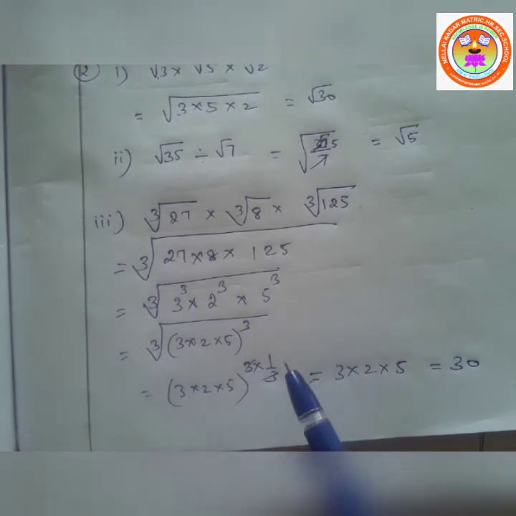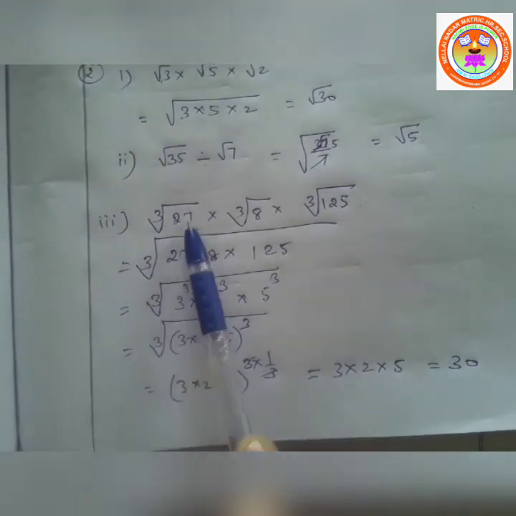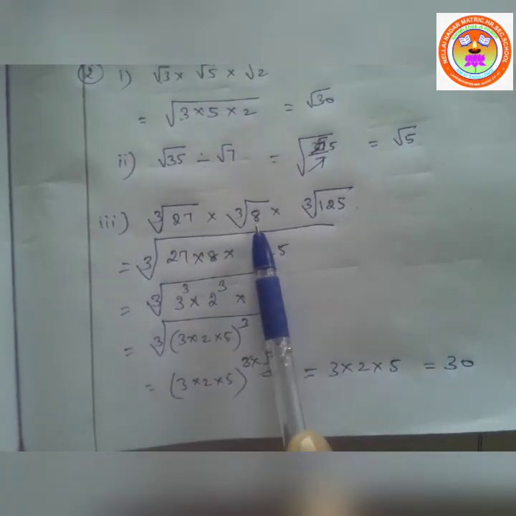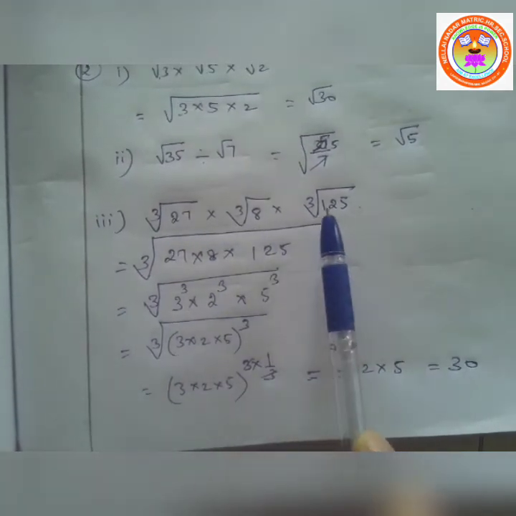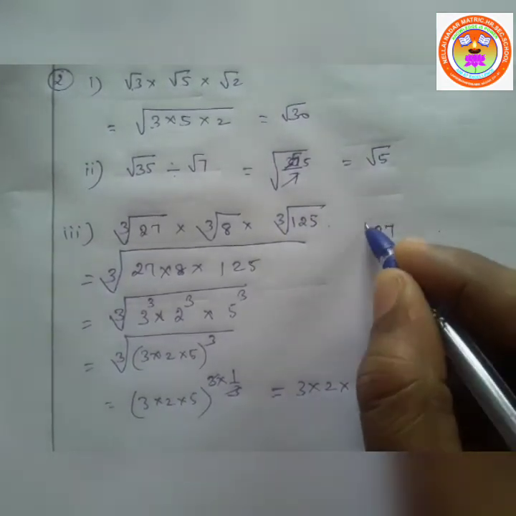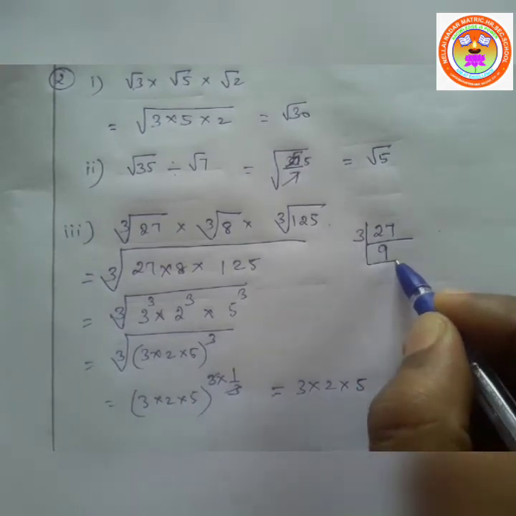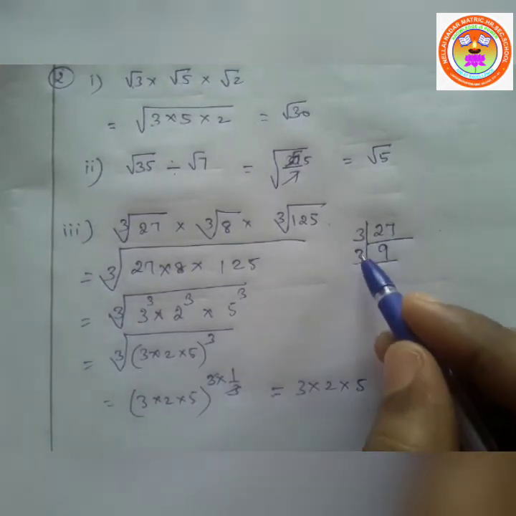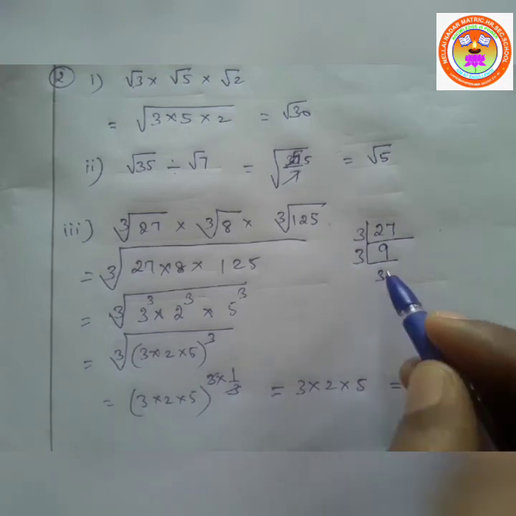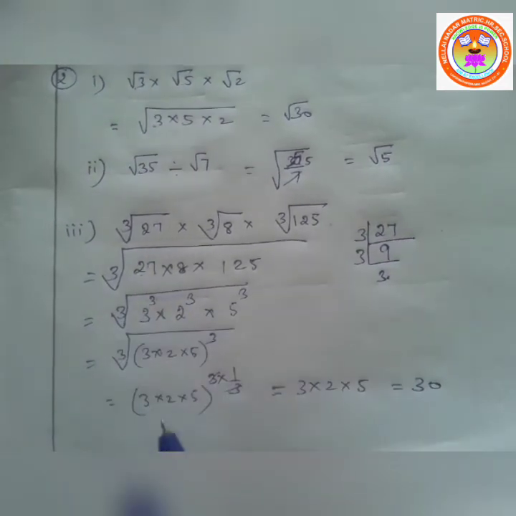Again I am repeating this sum: cube root of 27, cube root of 8, cube root of 125. For 27 we take the prime factorization method: 3 9 times, again 3 times. How many 3's are there? 3 3's. So 27 is 3 power 3.